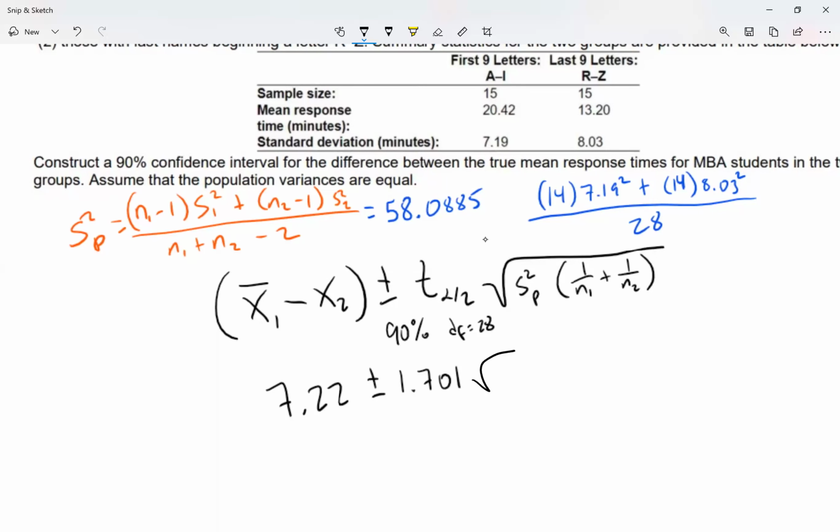Times the square root of 58.0885 times. Don't forget my parenthesis inside the radical, because inside the radical I have 1 divided by 15 plus 1 divided by 15. Okay, type this in.